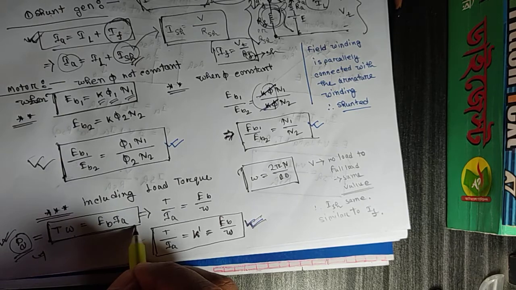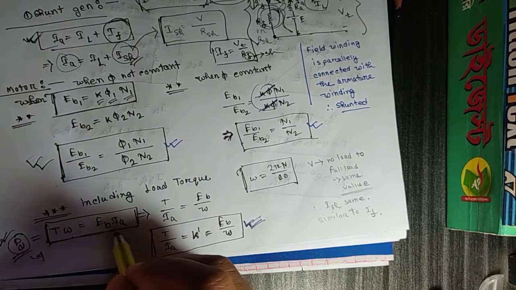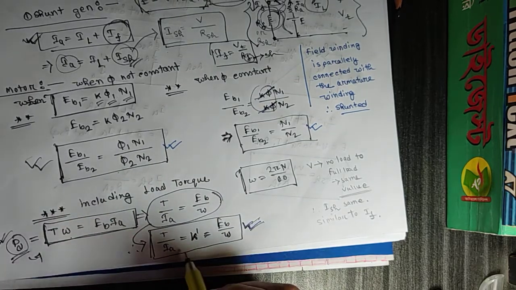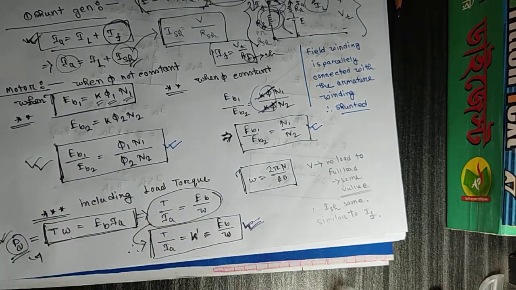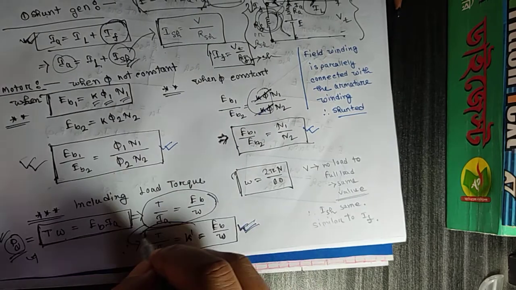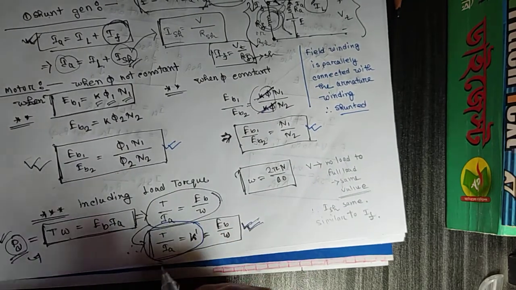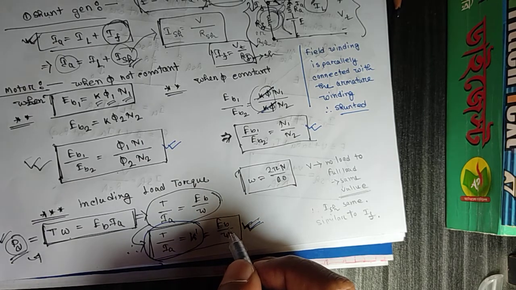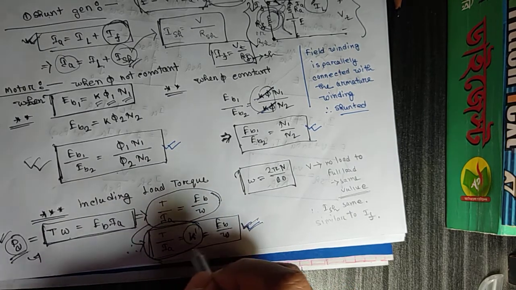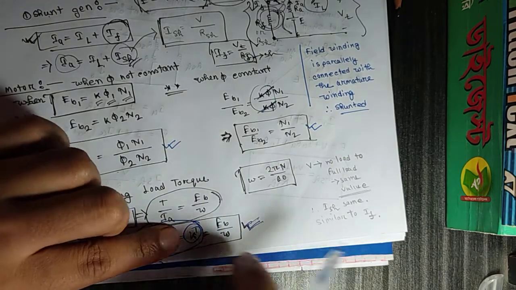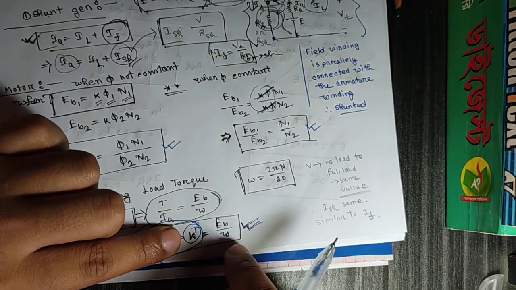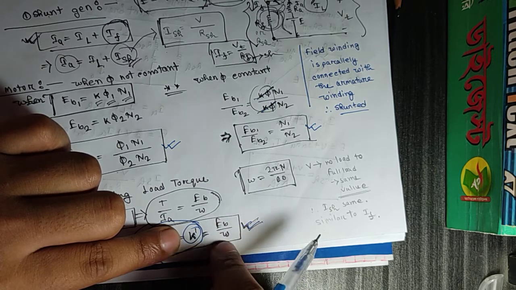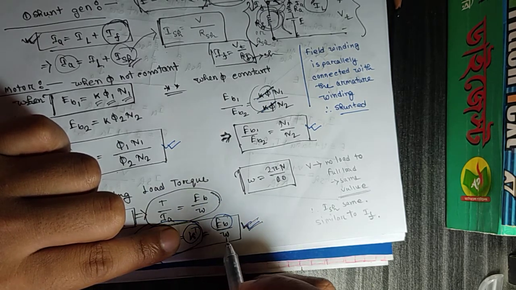Equating these, we can write this. Suppose you are given the torque and the armature current and are asked to find the back EMF. From this you can find K prime, and then if omega, the angular velocity, is given, you can find the back EMF of the motor.